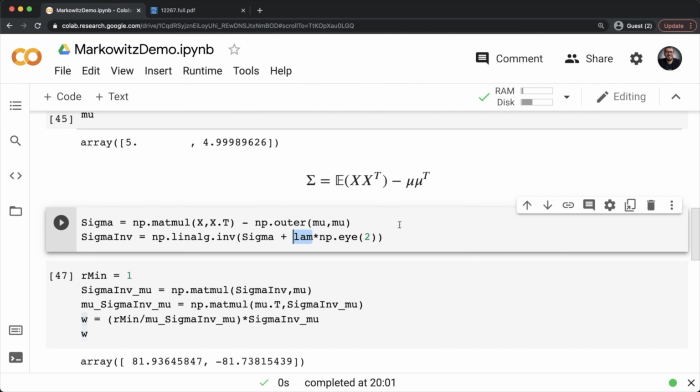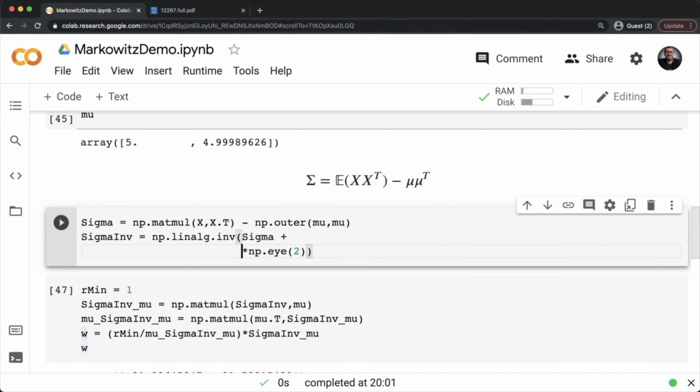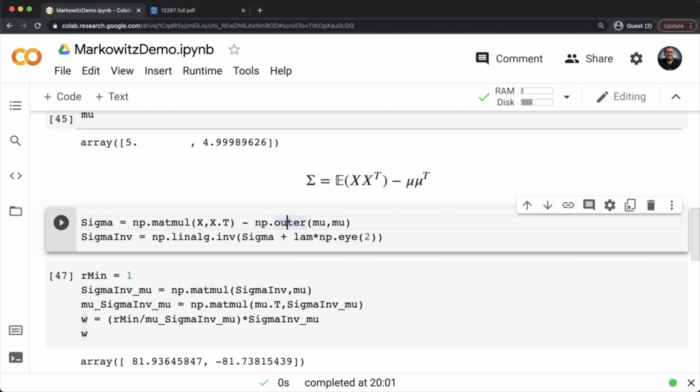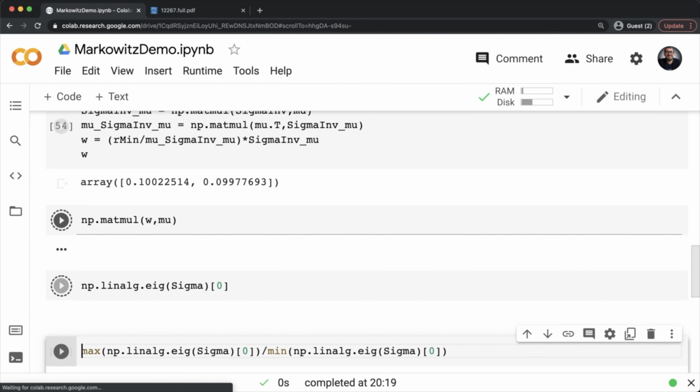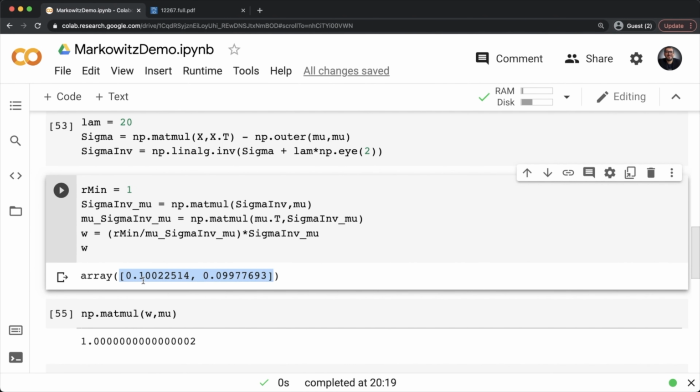So my lam, you can actually study the effect of lambda on the returns. Let's fix it to 20. Let's run this. And there you go, equal allocation. So a 1 over n naive allocation is optimal in a ridge sense where your lambda is 20.